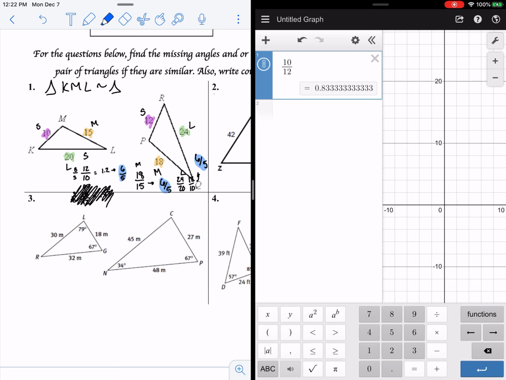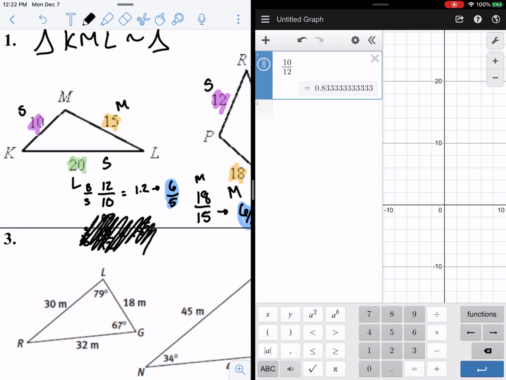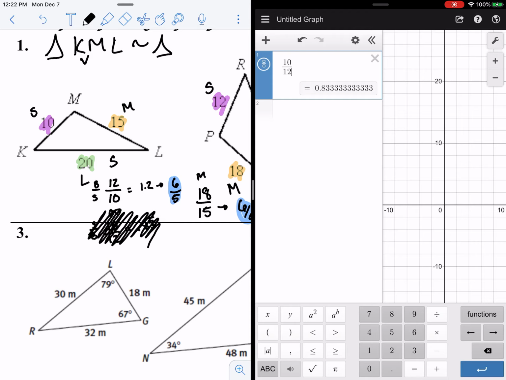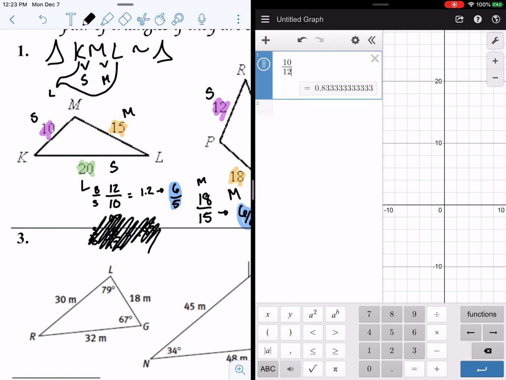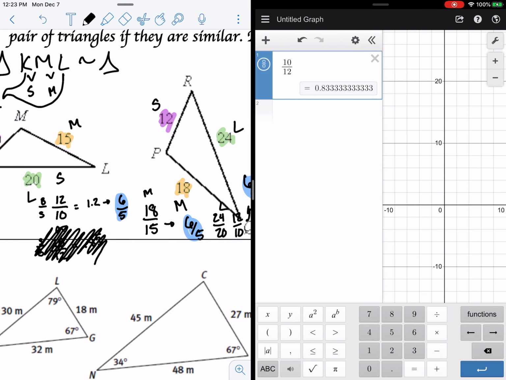Okay, so yes, they're similar, but now I have to write the corresponding parts. So K to M was small, M to L was medium, and then L to K was large. So my small side is either RP or it's PR.